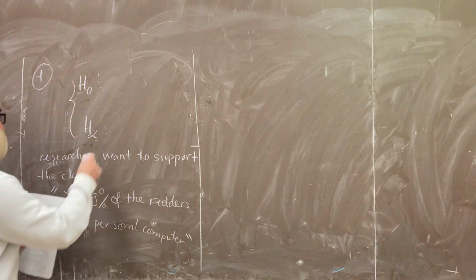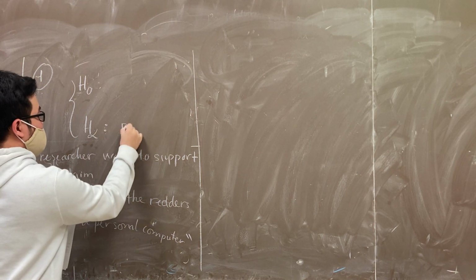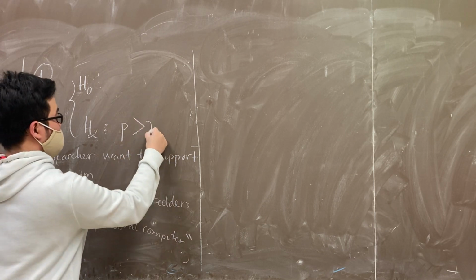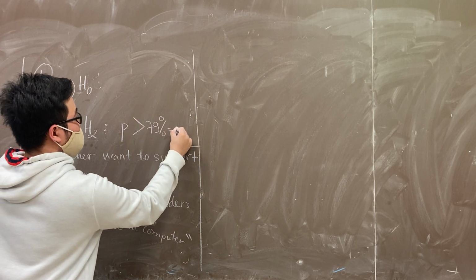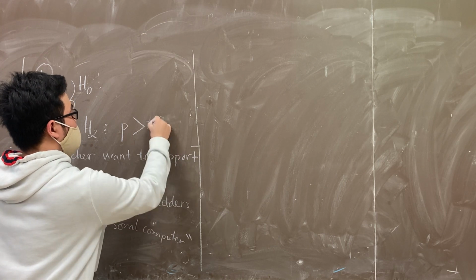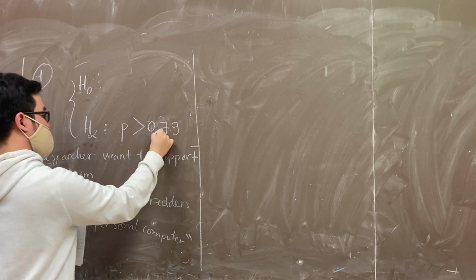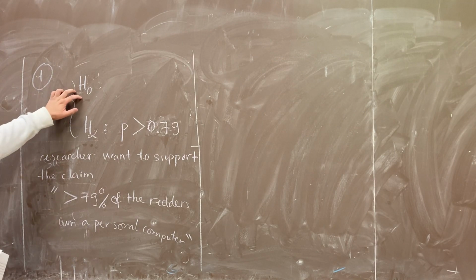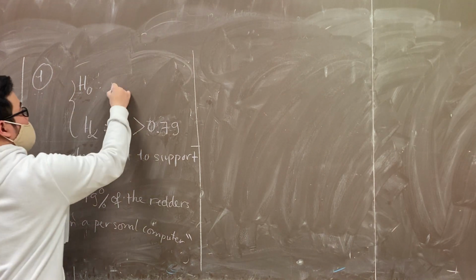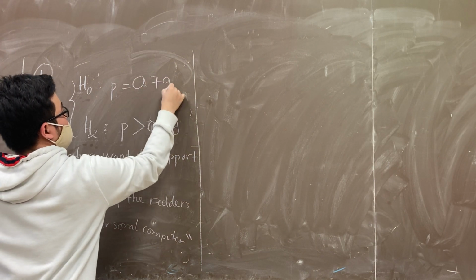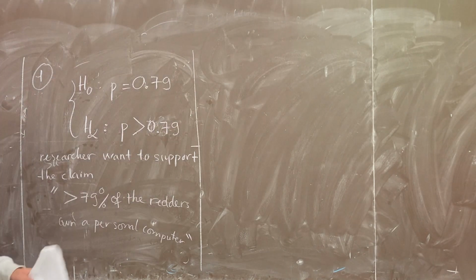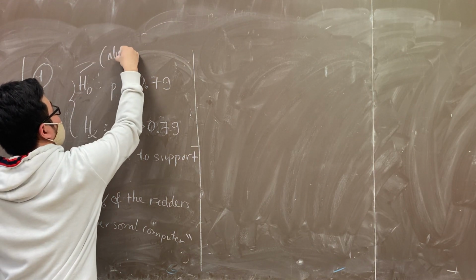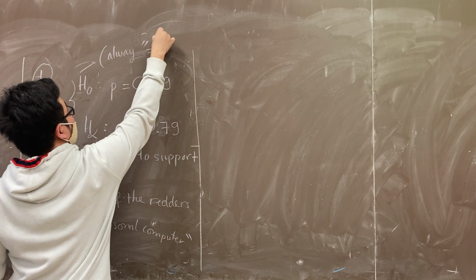So they want to show that the proportion is greater than 0.79. And regarding the null hypothesis, that means it's equal to this first percentage, because the null hypothesis always has equality. Remember this.